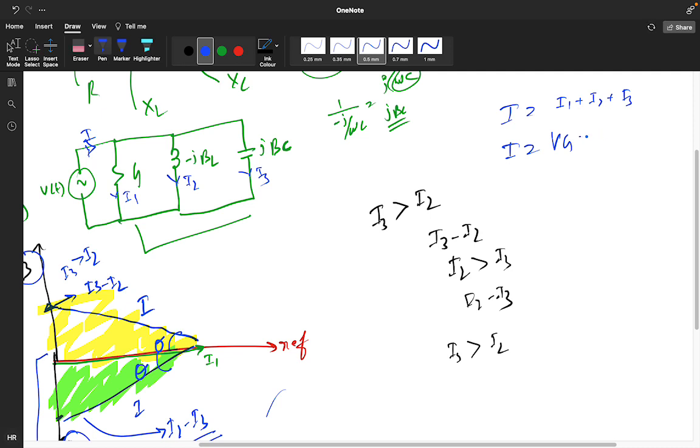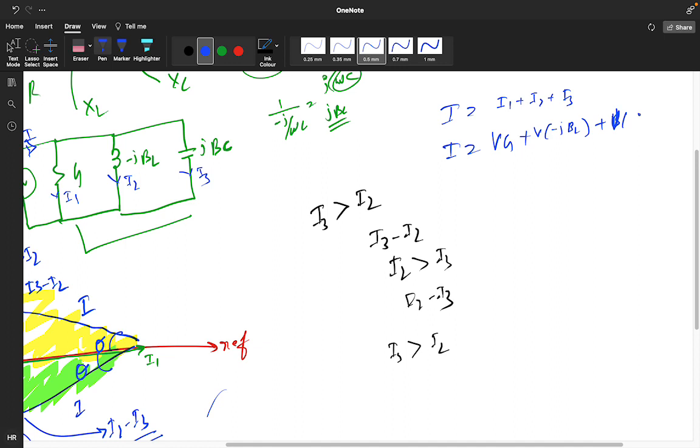G means 1 by R only, and I2 means V into minus jBL, and I3 means V into jBC, and I means V into Y. So take common G plus j, take common BC minus BL.